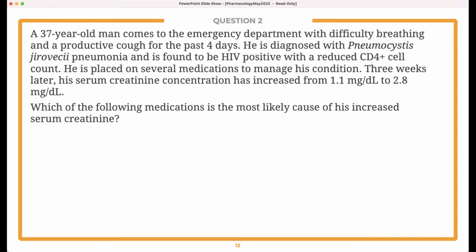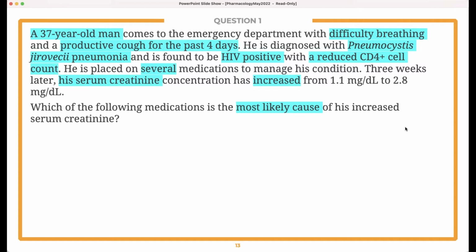Well, thank you, Jeff. Let's take a look at some of the important clues in this vignette and lead-in. As you can see here, always the demographics. He's 37 years old, has difficulty breathing and a productive cough for 4 days, and they tell us he's diagnosed with pneumocystis jirovecii pneumonia. He's HIV positive with a reduced CD4 count.